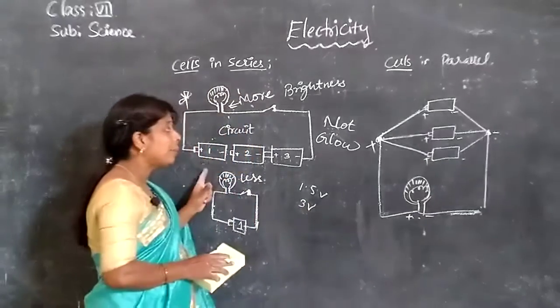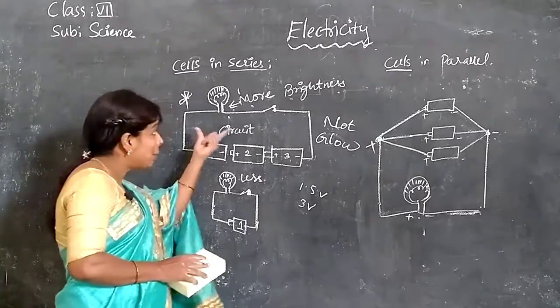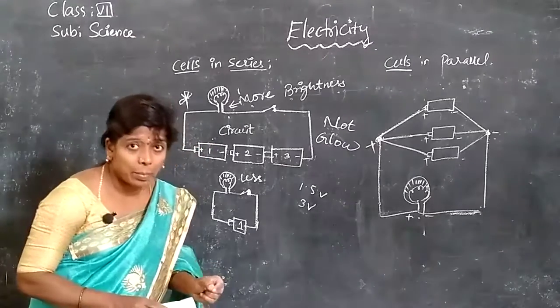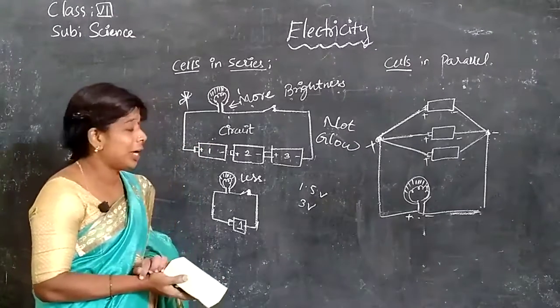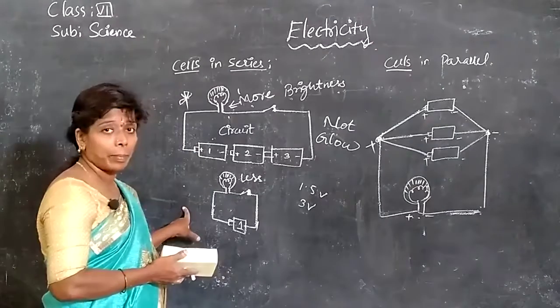And one more thing. Here in series the bulb glows for less time. Brightness is important. Brightness will be more for less time.